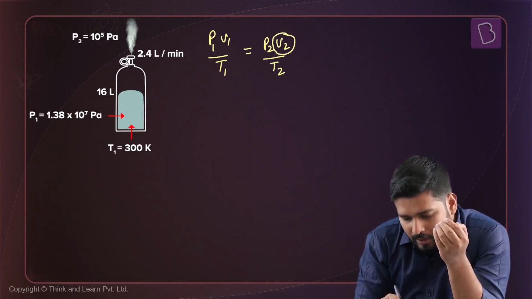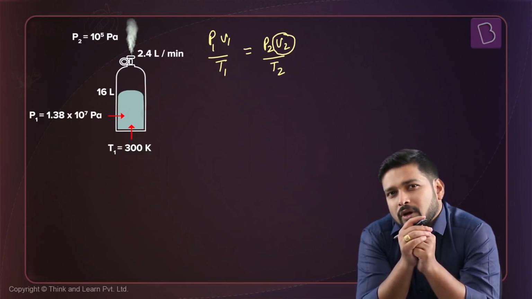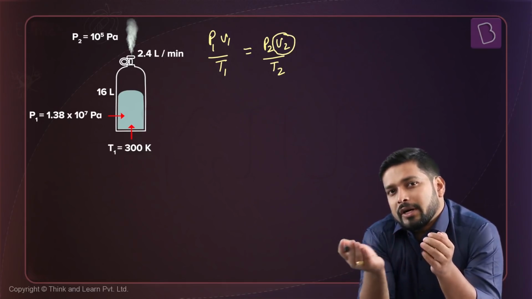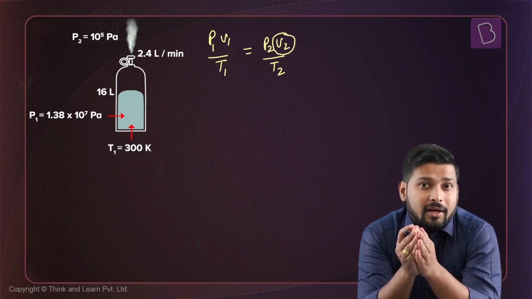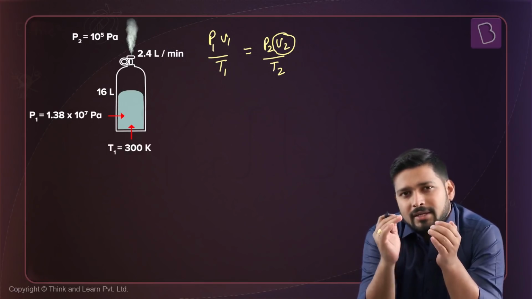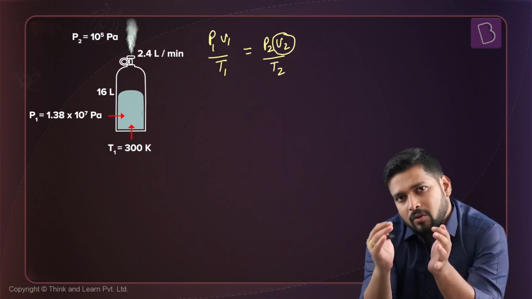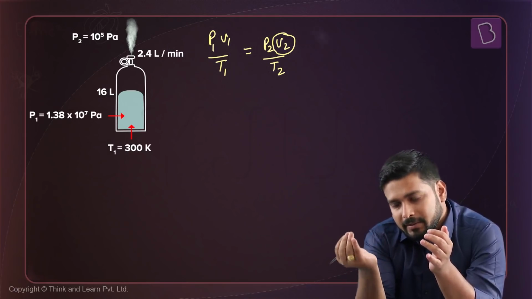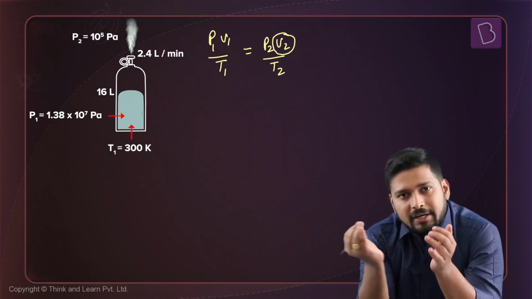So if I think about the volume, I have been given the volume flow rate, but I have not been given the volume directly, correct? So if you just think a little bit, volume flow rate is the amount of volume coming out of the gas per minute, right? That's given as 2.4 liters, right?